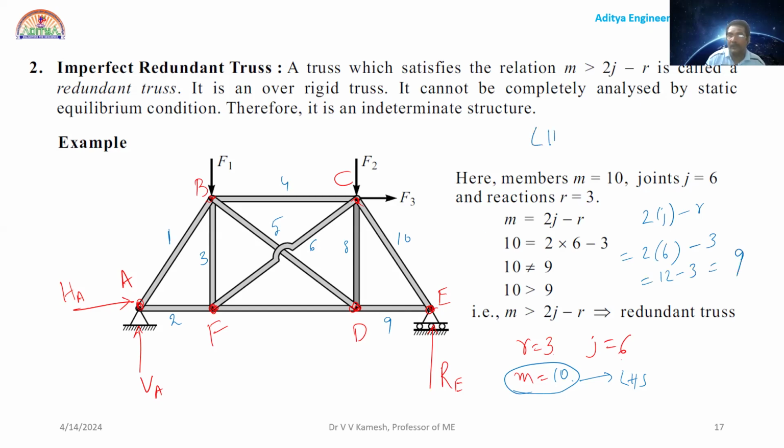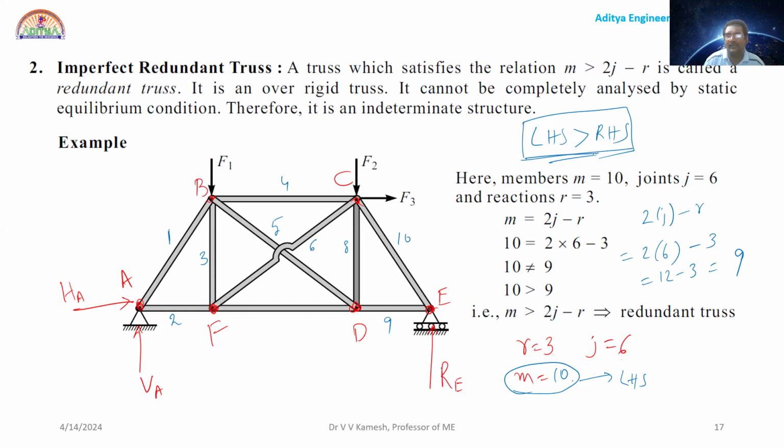So LHS becomes more than RHS. That means you are having more than what is expected. In general, we think if a structure contains more than expected, it gives better safety. But that is not so in steel structures or trusses. When more than required is used, it is a material waste.